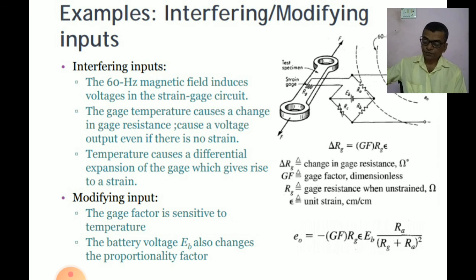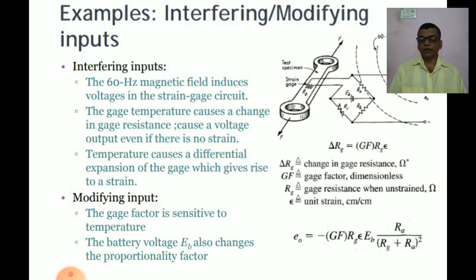Okay, now the interfering inputs. The temperature of the strain gauge is an interfering input in the strain measurement of a specimen. Due to temperature, there is a change in gauge resistance even when no load is applied. Suppose load is not applied, but due to temperature there is a change in the strain gauge resistance.